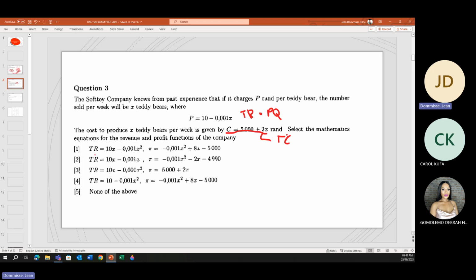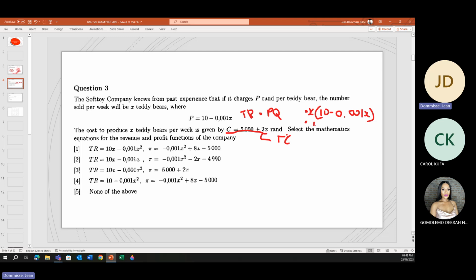So for us to work out total revenue, we need to say what is P times Q. And in this instance, remember to take the number sold per unit will be X. So it's 10 minus 0,001 X times X. So that will be your total revenue.